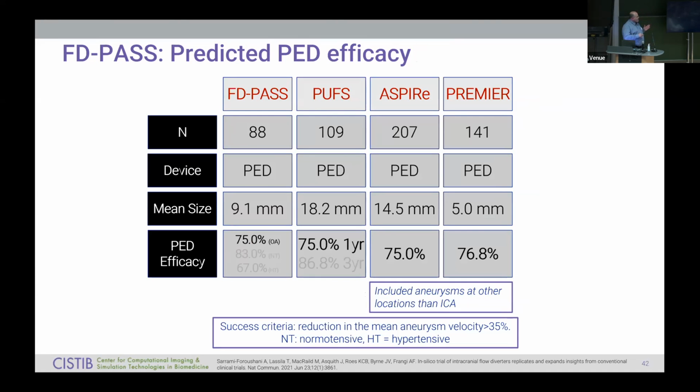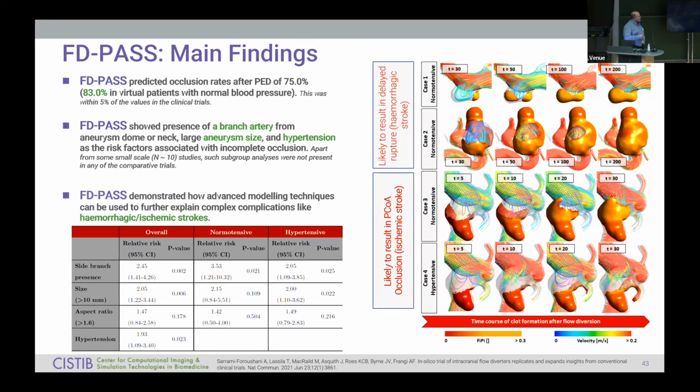However, when you look at only the normotensive patients, the success rate goes higher, and when you look at hypertensive patients, the success rate goes down. Meaning that there is a parameter now that we understand how it's relating to the outcome of the particular treatment.